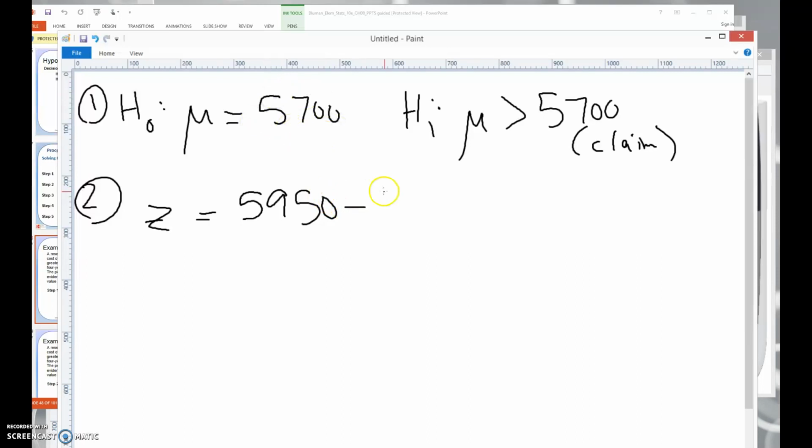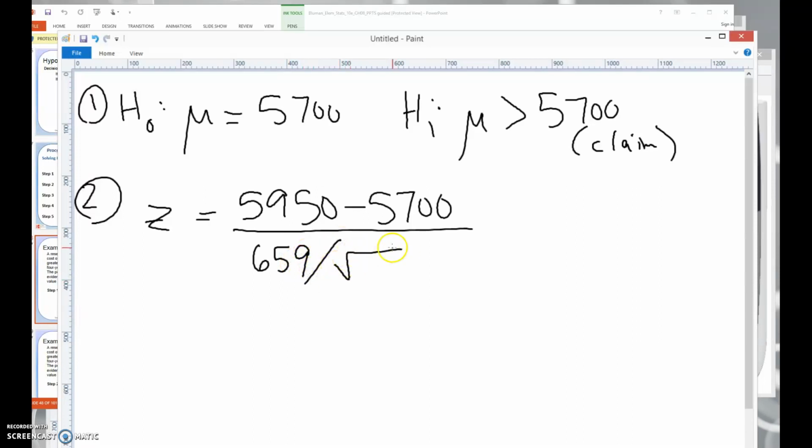The mean of the population, 5,700, divided by the standard deviation, 659, divided by the square root of our sample size, 36. Type that into your calculator, push enter, and we get 2.28. That's our test value.